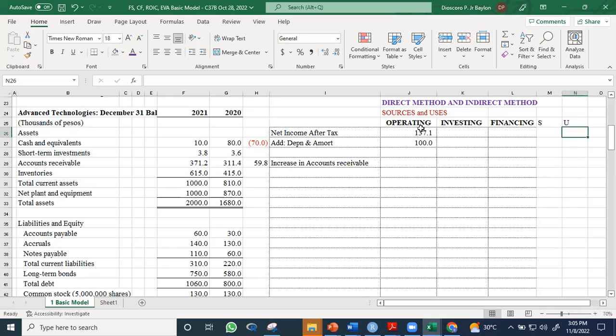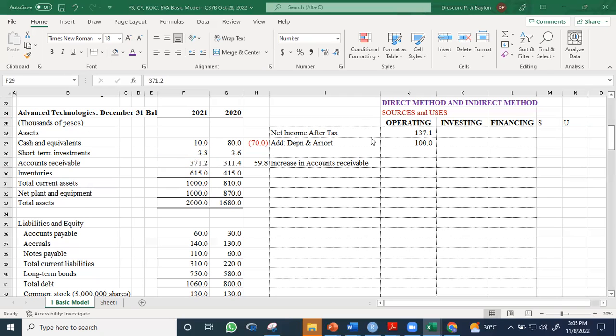So write O, I, or F, then a comma, then S or U. S stands for source of cash, U stands for use of cash. Here you can see that accounts receivable increased, which means they made sales, from 311.4 to 371.2. So that led to an increase in sales.